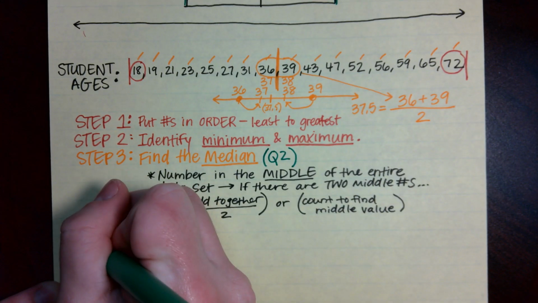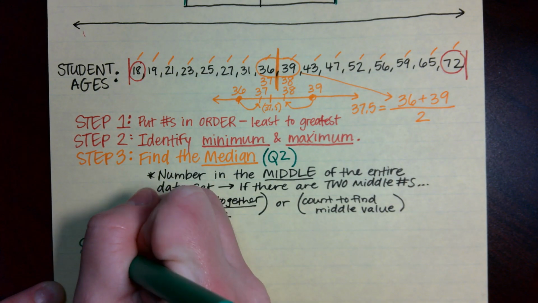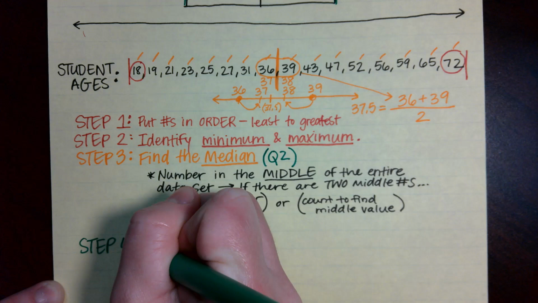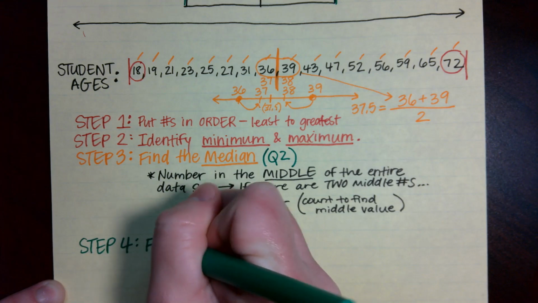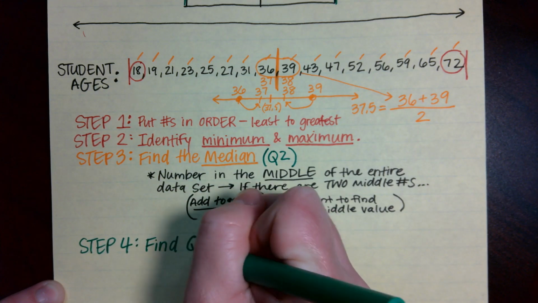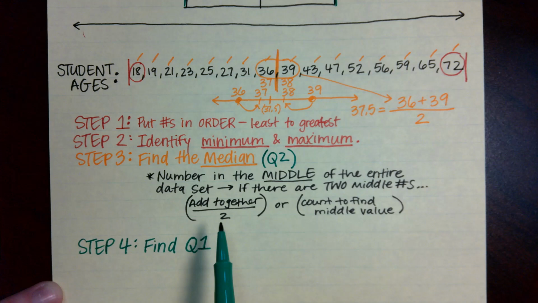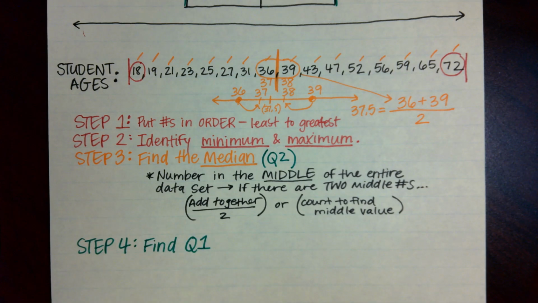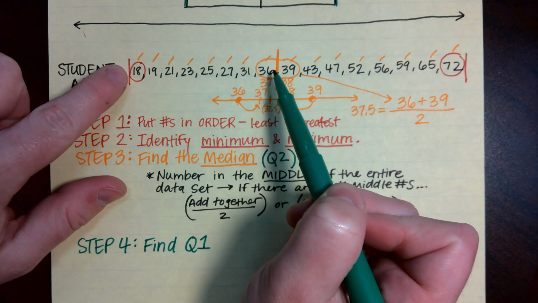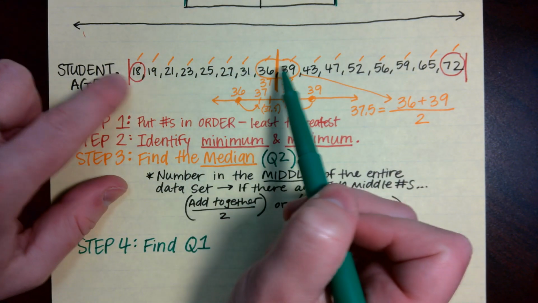So step 4, find Q1, and what Q1 is, it is the median of the lower half of values.